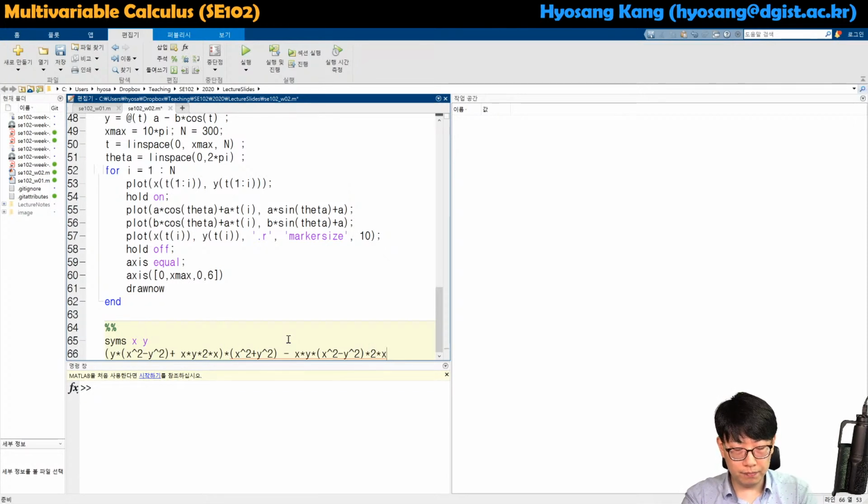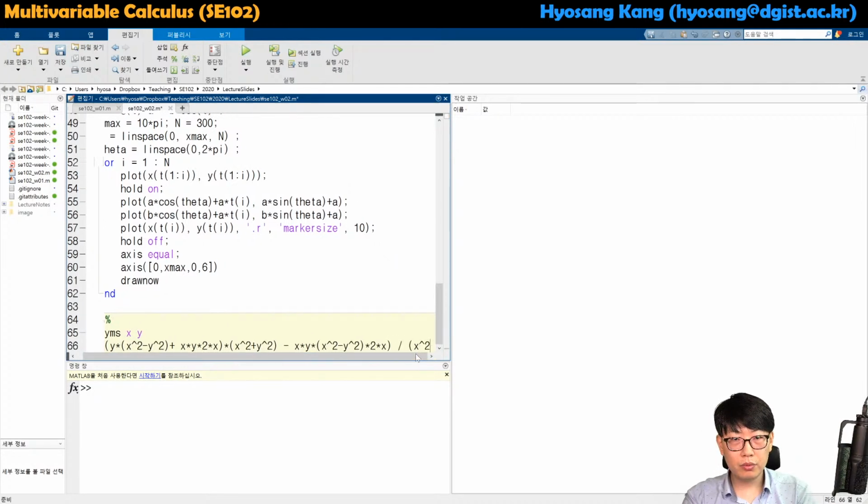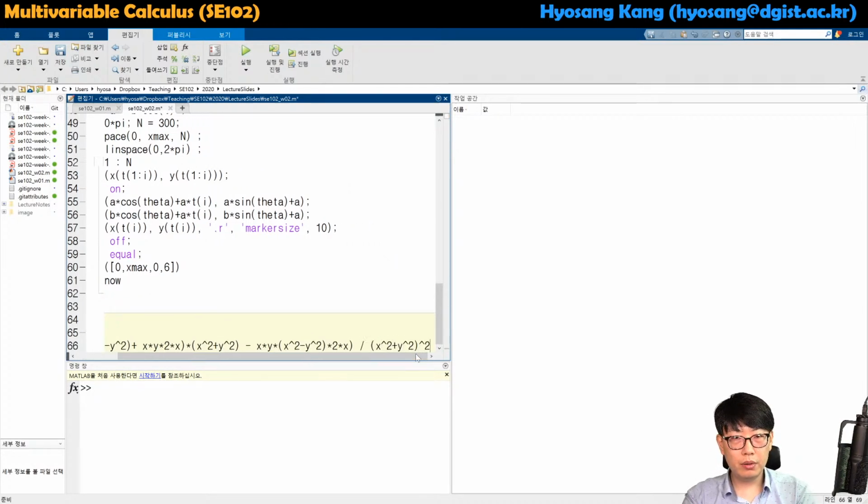This is the numerator. I put big parentheses around the entire formula, and then divide by (x squared plus y squared). This is a symbolic expression, so I don't need to put a dot before every hat here.